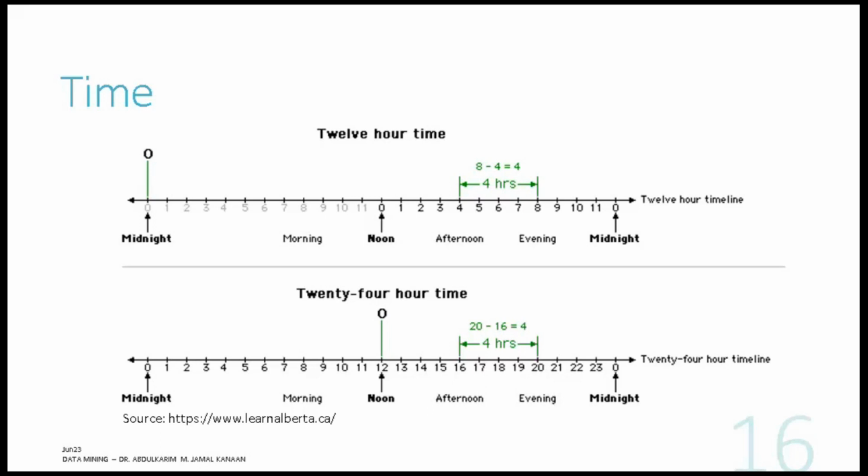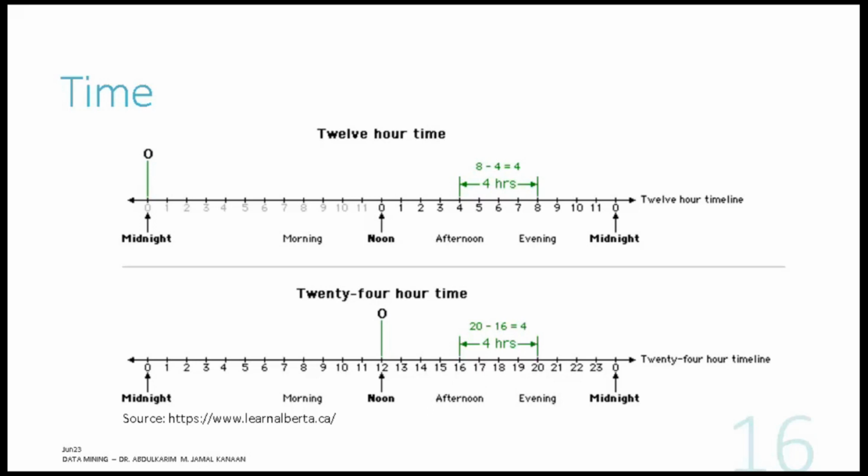Let's ask ourselves, does true zero mean anything in time? What does it mean if the time right now is 0? Doesn't mean no time. Are we now in the space of no time? No, right? It means it's 12 a.m., correct? So time doesn't have a true zero.